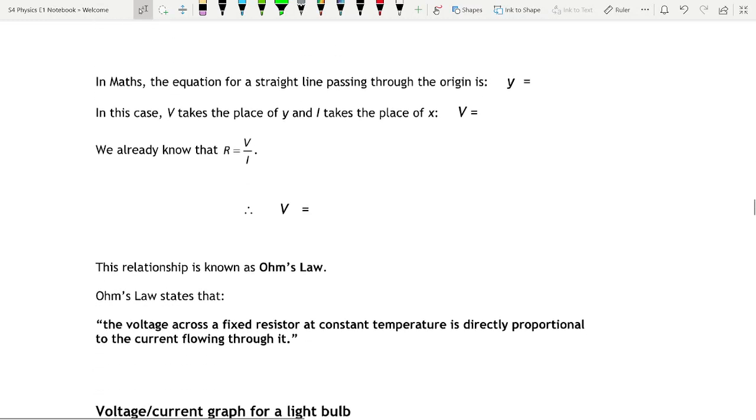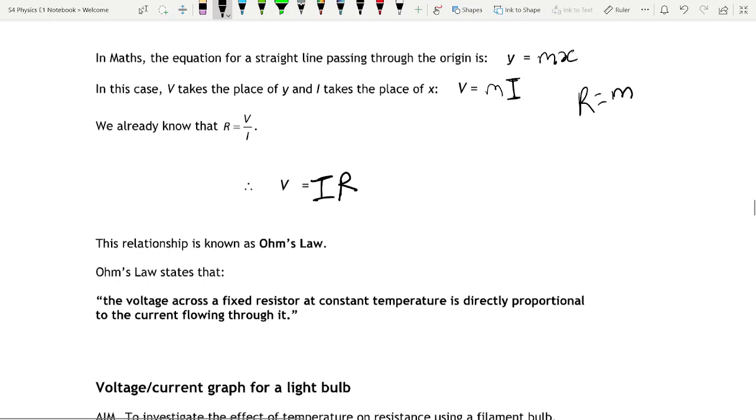In maths, the equation for a straight line passing through the origin is y equals mx. In this case, V takes the place of y and I takes the place of x. So we end up with V equals m times I. We already know that R equals V over I, so if the resistance is equal to the gradient, then V equals IR.